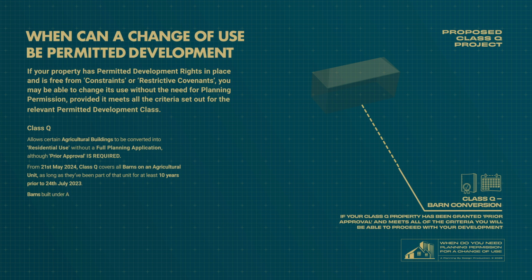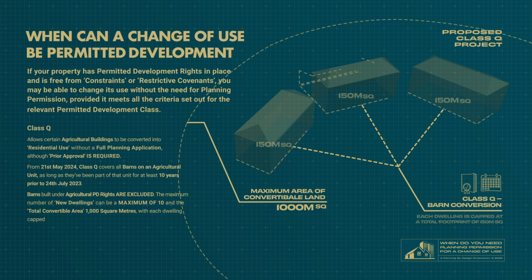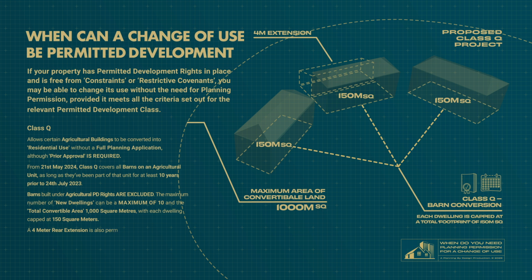Barns built under agricultural PD rights are excluded. The maximum number of new dwellings is 10, and the total convertible area 1,000 square metres, with each dwelling capped at 150 square metres. A 4-metre rear extension is also permitted on an existing hard standing that was in place before 24th of July 2023.